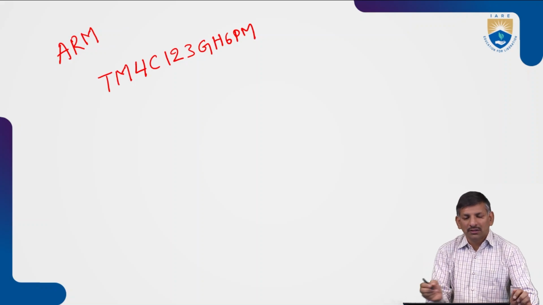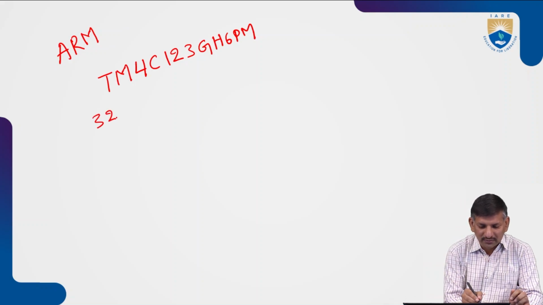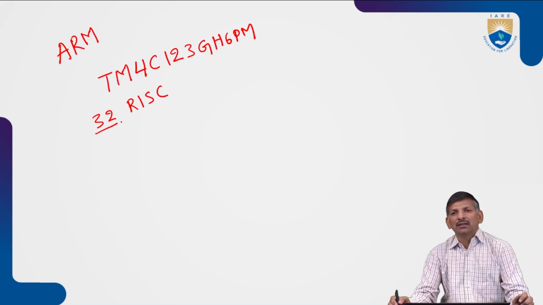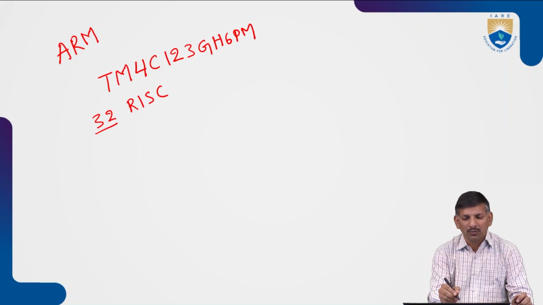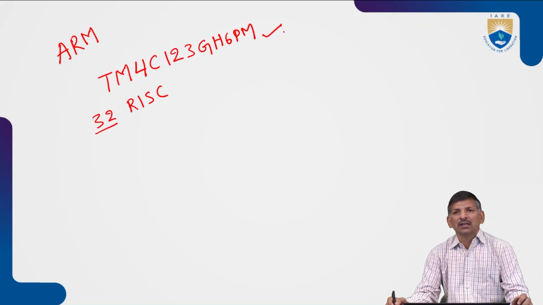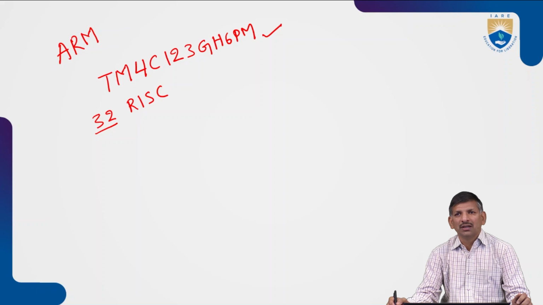It is a 32-bit RISC processor architecture. This 32-bit indicates the bus width of this processing element is 32 bits. At a time, it will process 32-bit information.